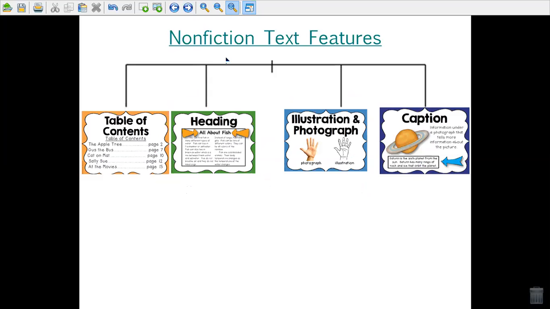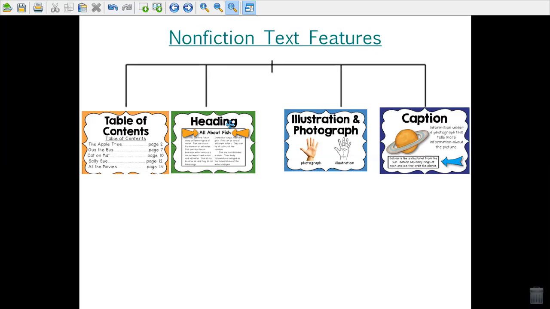If you need to use more than 2 pages, use more than 2 pages. Okay, guys? Because let me tell you, there are a lot of text features that we're going to be reviewing and learning, okay? So once you have your tree map drawn, pause the video if you need to draw your tree map and write your title still, nonfiction text features.